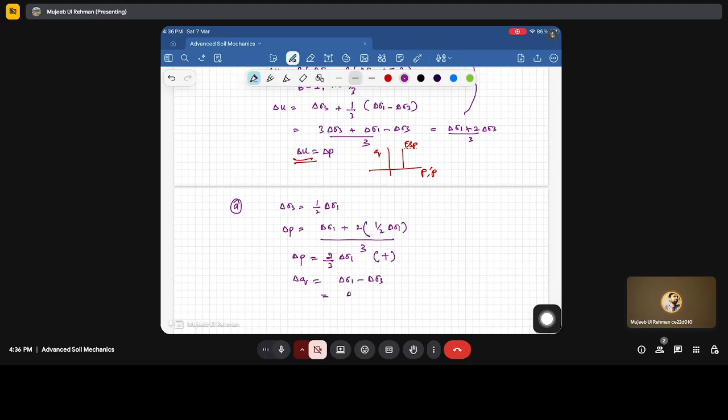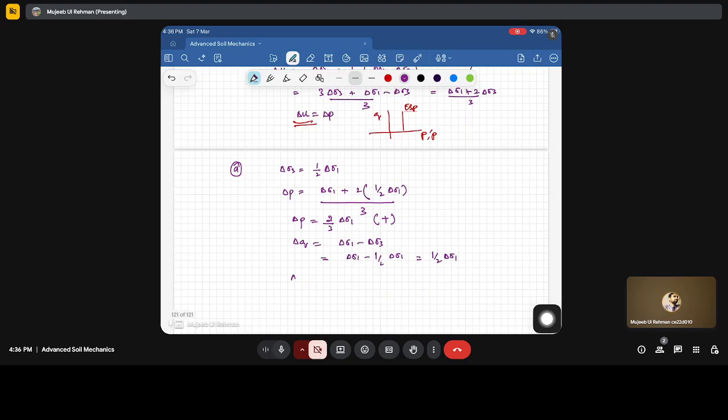That is delta sigma 1 minus 1 by 2 of delta sigma 1, which will give 1 by 2 of delta sigma 1. What is delta Q by delta P? Delta Q by delta P is 1 by 2 divided by 2 by 3, which equals 3 by 4, 0.75.